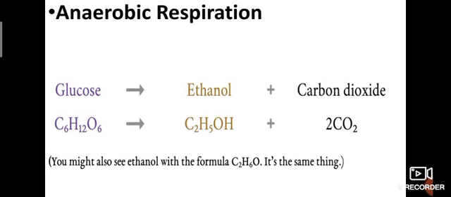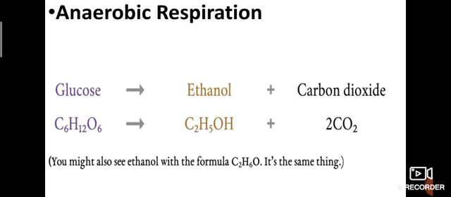Next, in aerobic, humans and animals come under aerobic. In anaerobic, can you guess which organisms come under anaerobic? Yes, very good, yeast, because fermentation is a yeast process. Yeast and sometimes human beings undergo anaerobic respiration.